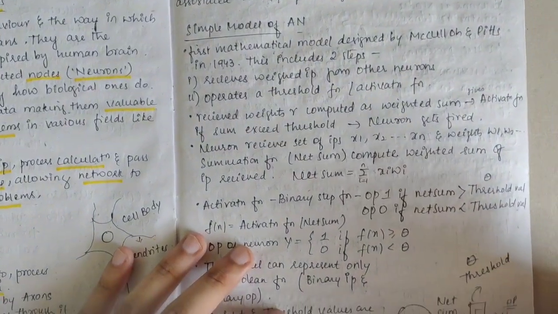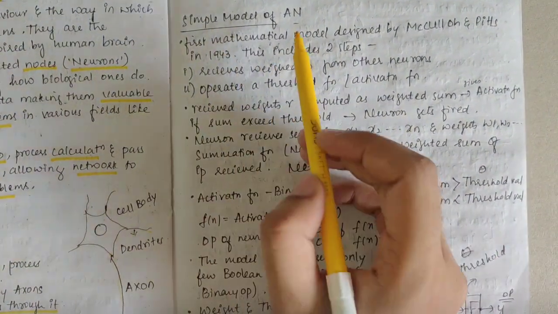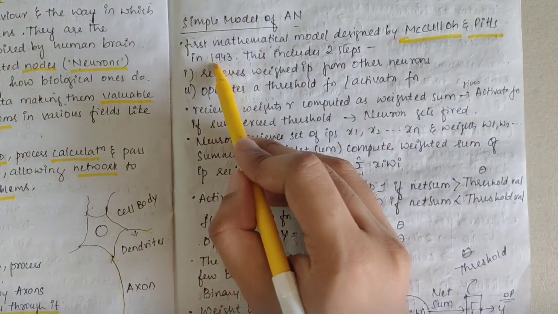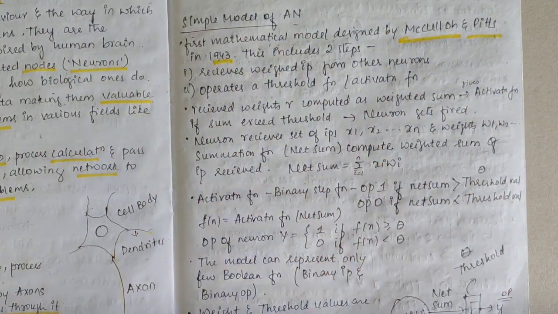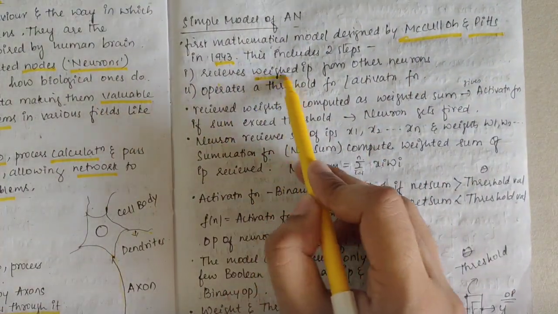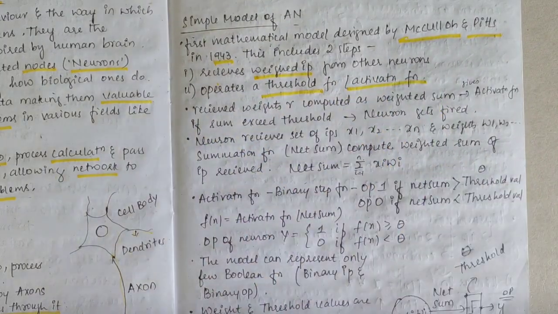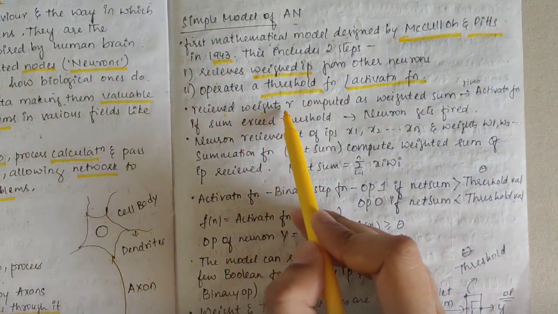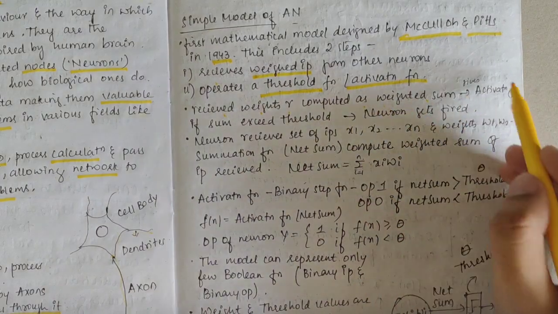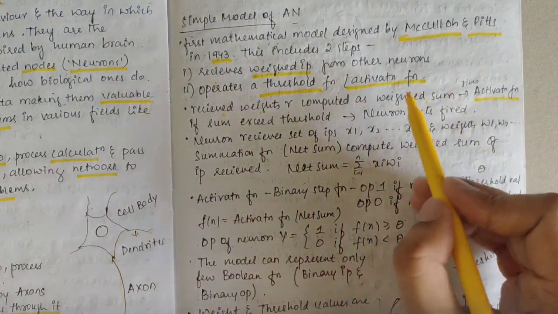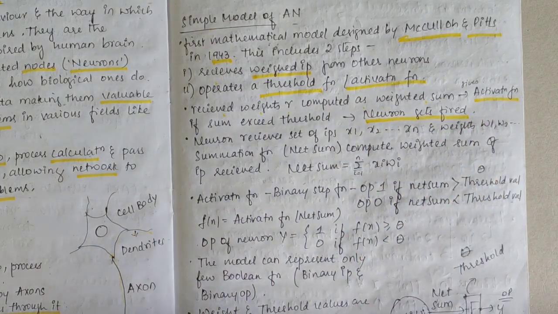Looking into the model of the artificial neuron, this was the first mathematical model, designed by McCulloch and Pitts in 1943. It includes 2 steps. First is to receive the weighted input from the other neurons and then operate a threshold function or activation function. The received weights W are computed as a weighted sum, and this gives the activation function. If the sum exceeds the threshold, the neuron gets fired and then the info is transferred.